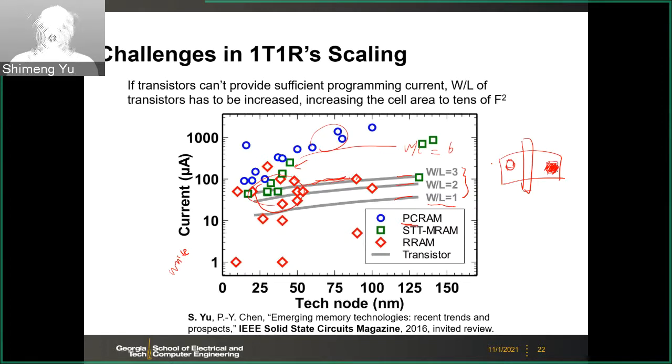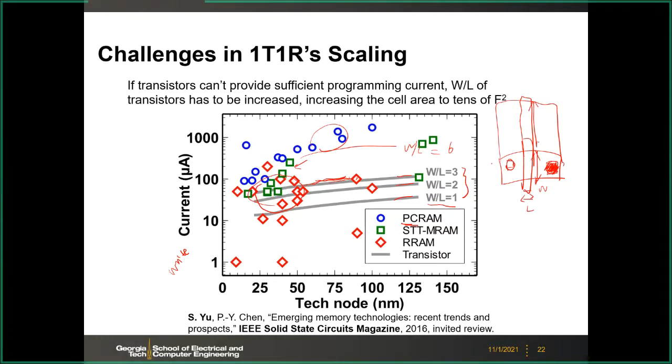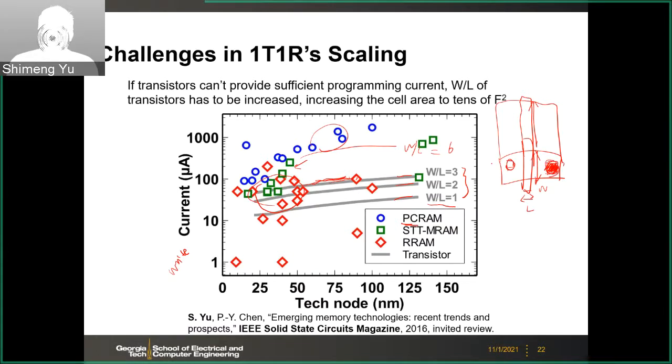So the resistor does not need to take much space. What takes space is the W over L. Because you need to pass large current, you may have a large W, right? So the cell area is limited by the current that you need to pass to write the cell.